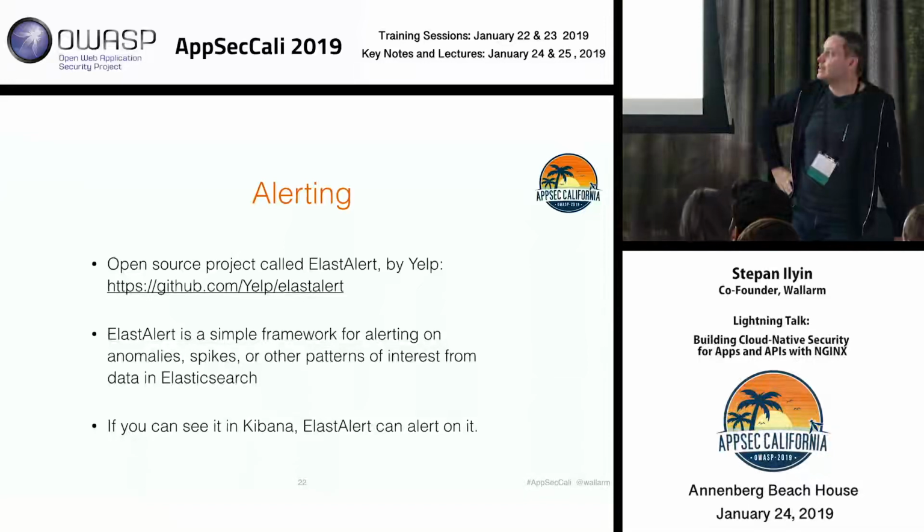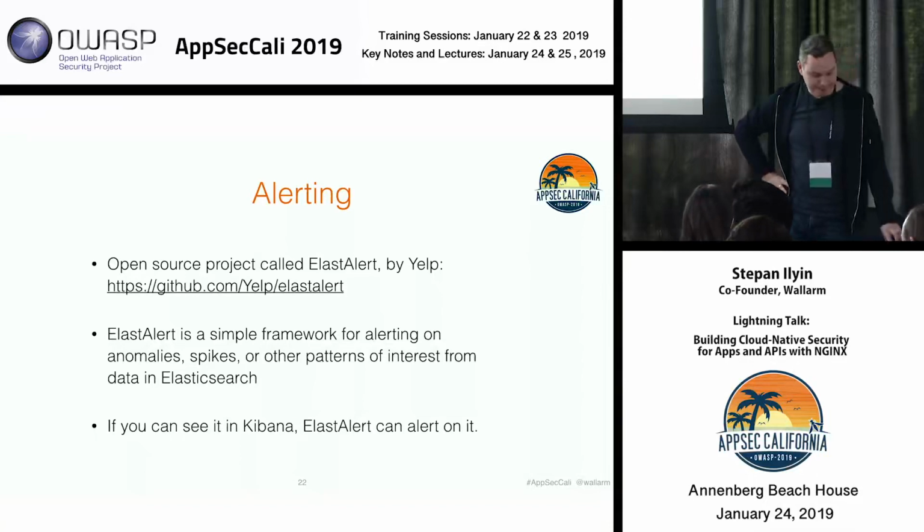The reason it's so easy is that we have a very good project by the company called Yelp. I'm pretty sure you know Yelp. The project is called ElastAlert. It's open source, and what it does is take all the events from Elasticsearch and send alerts to whatever you use.